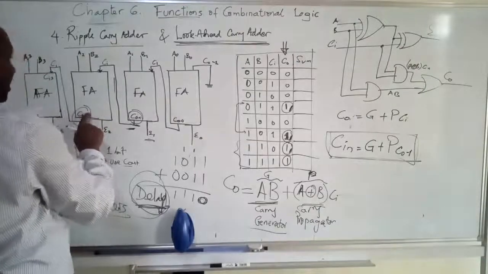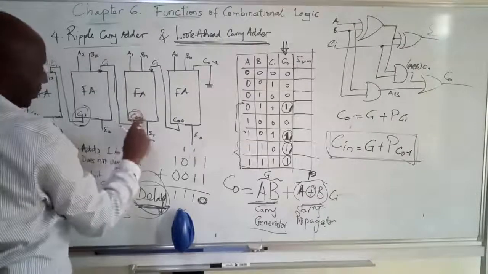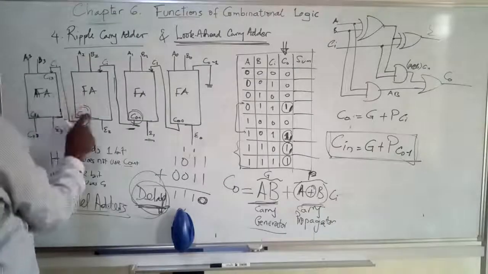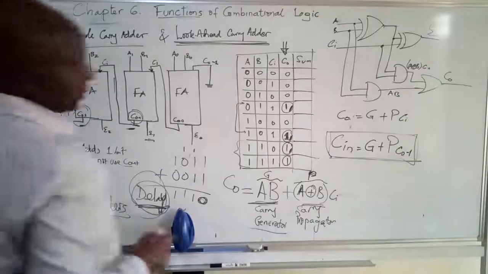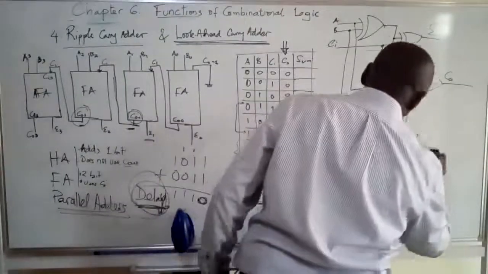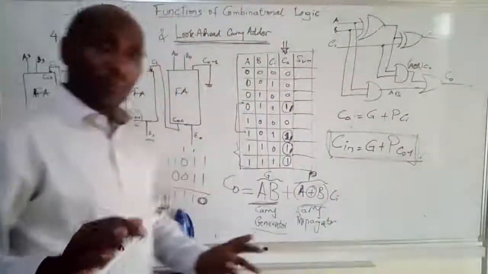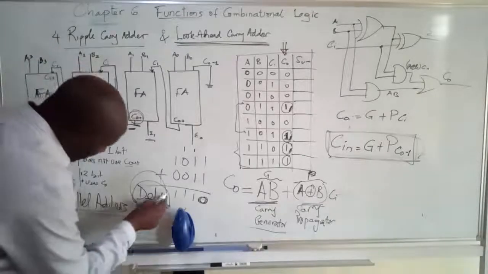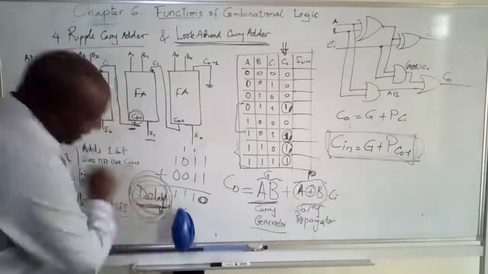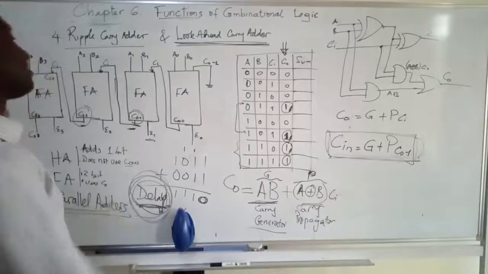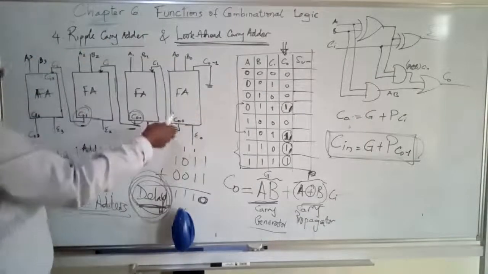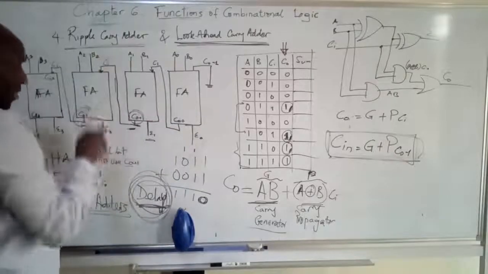C2 here, the C in will be minus 1, it will be C1. C3, it will be C2 minus 1. So this is the generalized equation. Now, the problem is, how can we remove this delay? Because the C in is coming from the previous, as you have seen on the ripple carry adder.